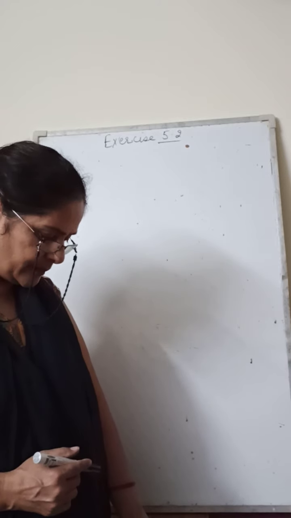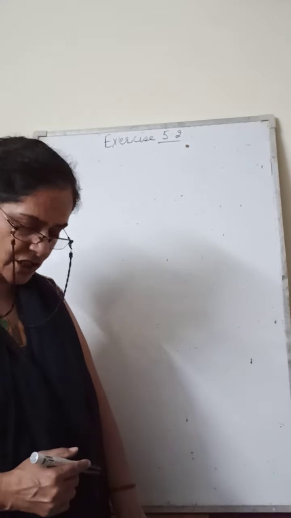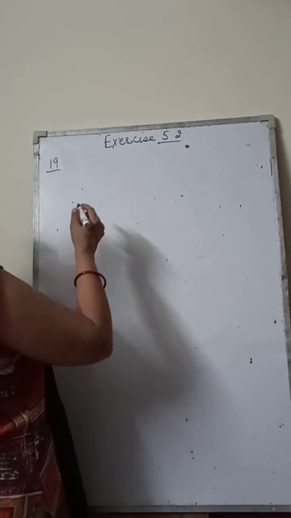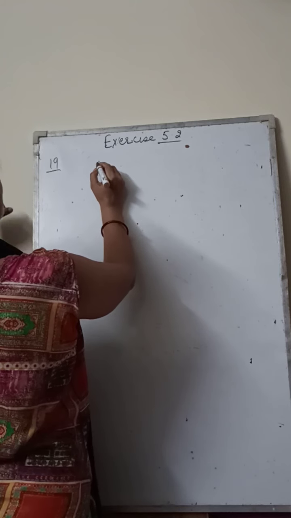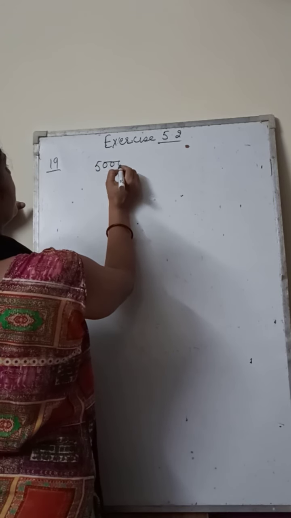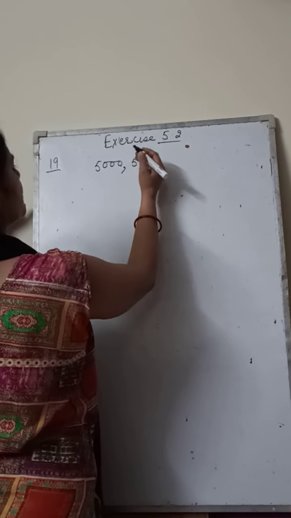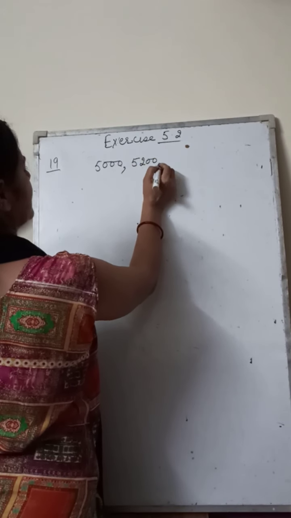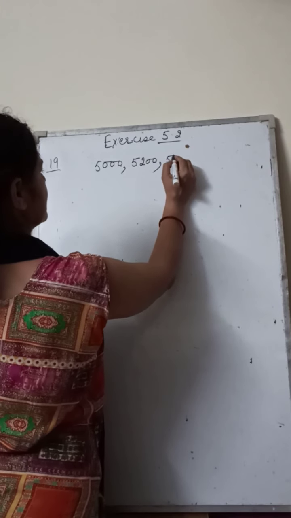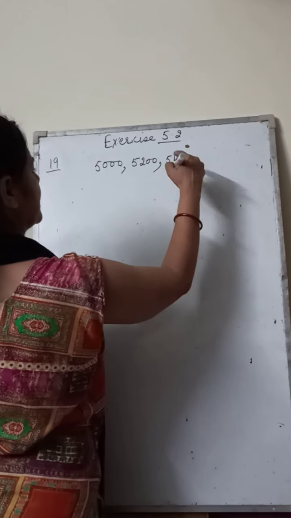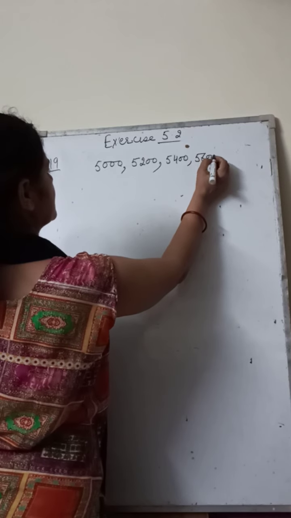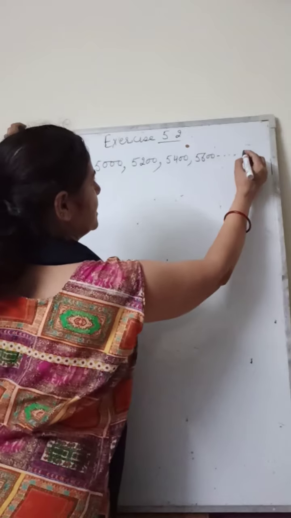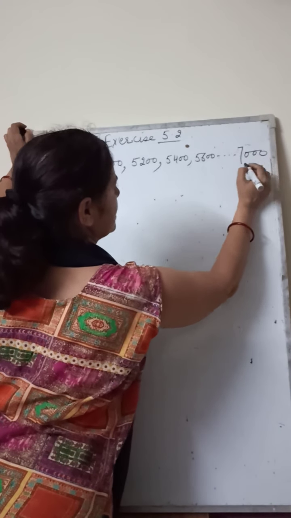In which year his income reached rupees 7,000? Means he starts his earning with 5,000 income, and every year 200 rupees increase. So 5,000, 200 increase, 5,200, 200 more increase another year, 5,400, another year 200 increase, 5,600, like this. You have to tell in which year his salary will become 7,000.